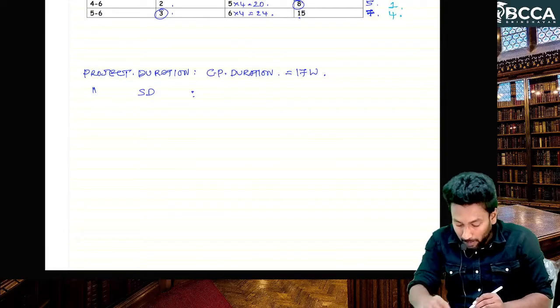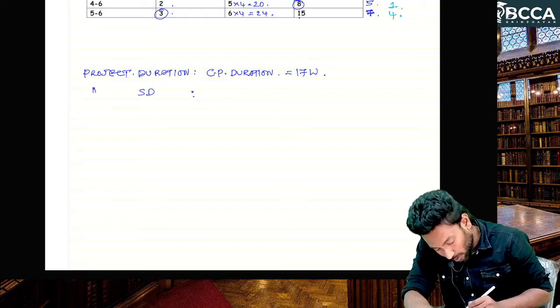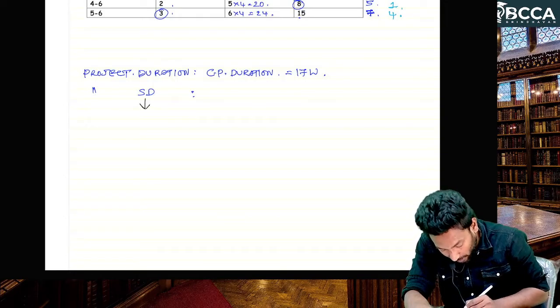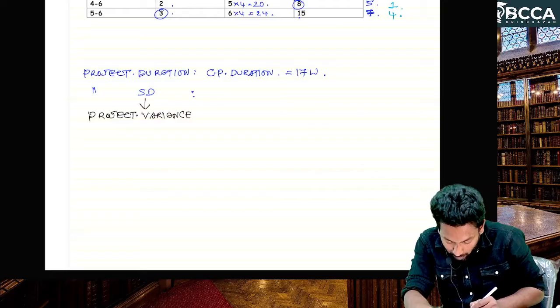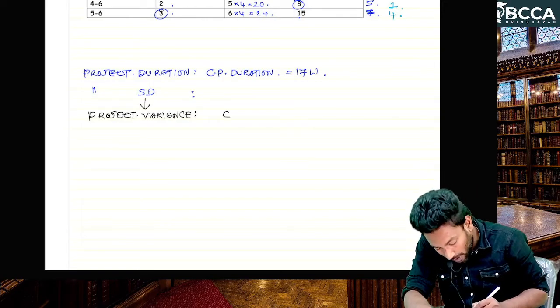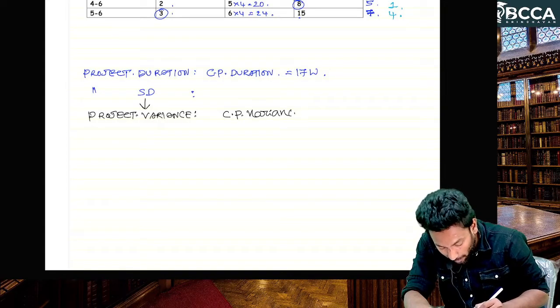Now to calculate project variance, project variance is equal to critical path variance, so we need the critical path variance.